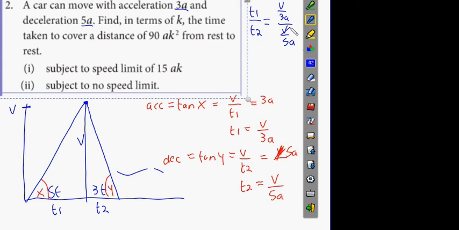The phi's cancel, and what we're going to be left with is 5a all over 3a equals T1 over T2. Cancel the a's, and then you would have been left with 3T1 equals 5T2. Wait a second. Yeah, I had my one the wrong way around, didn't I? 3T1 equals 5T2. Okay.